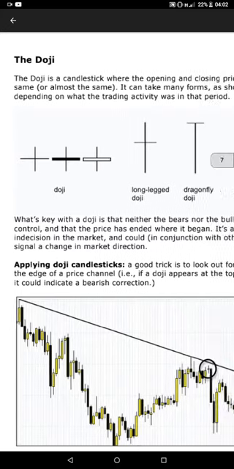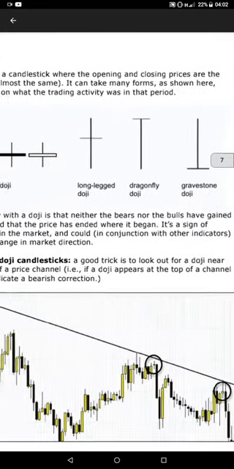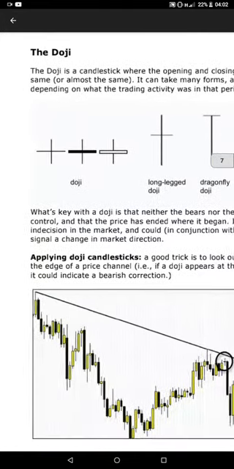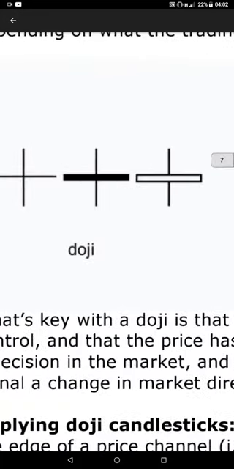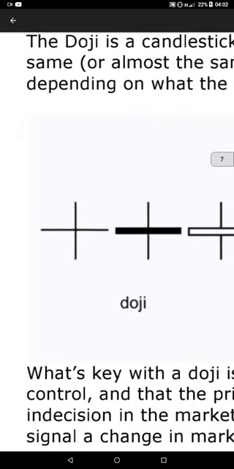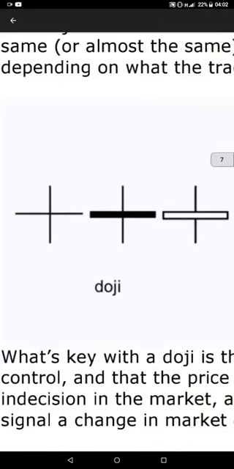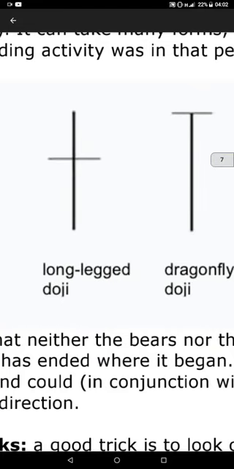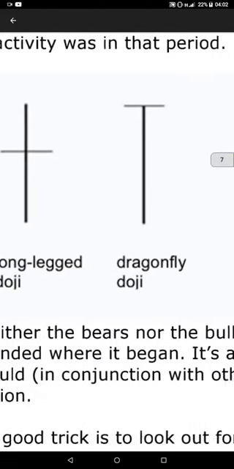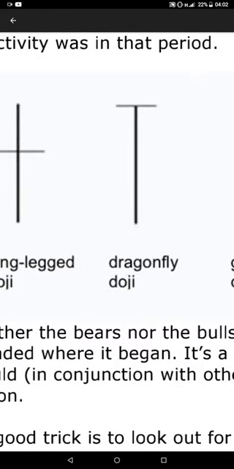It can take many forms as shown here, depending on what the trading activity was in that period, guys. Here is a Doji. You see here they are the same, guys. First three, they are the same. Here, guys, a long-legged Doji. Here we have a dragonfly Doji.